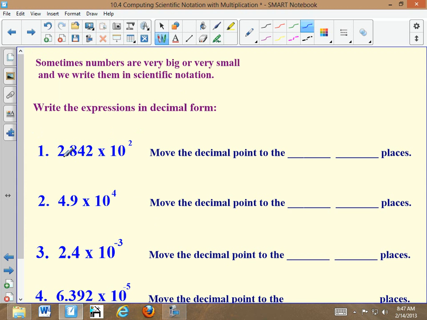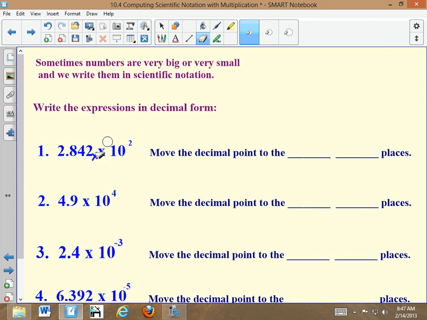You have a number, the decimal is in between the first two numbers, times 10 to some power. That's how you write scientific notation. Now, in order for it to be in decimal form, the decimal has to be moved to the end. If the decimal is on the end, then I need to move it in between the first two.